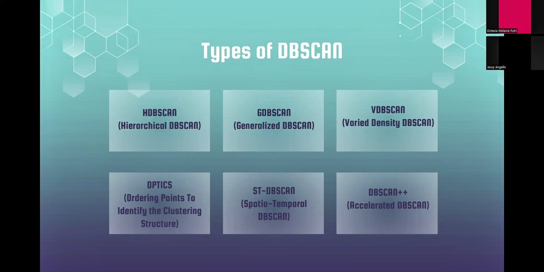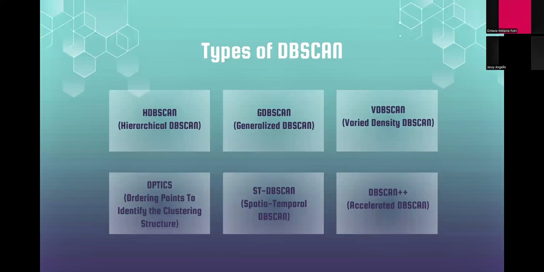Third, VDBScan, varied density dbScan. This is used for varying density of clusters, more accurate than the original one. Fourth, OPTICS, ordering points to identify the clustering structure. This is a density-based clustering algorithm that builds on dbScan, but can detect clusters of varying density.